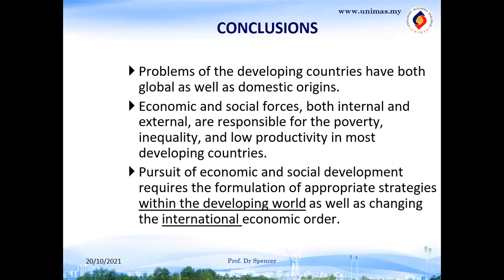So there is a need to change the power structure, yeah, in international economic order, and particularly planning strategies within the developing world, and not so much dependence on the developed nations, right? So mempunyai acuan sendiri, more or less, yeah. So for a developing nation to progress, yeah, in terms of its economy.